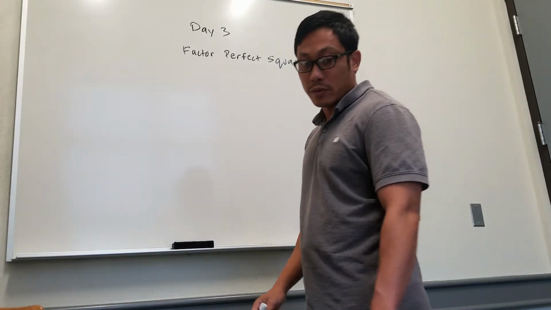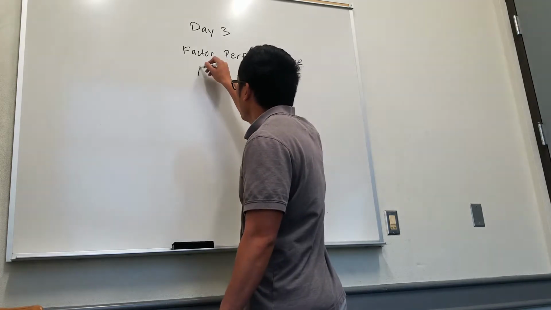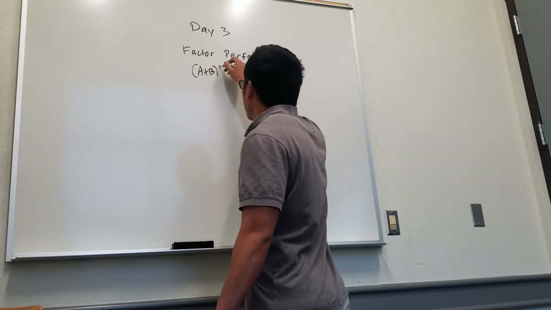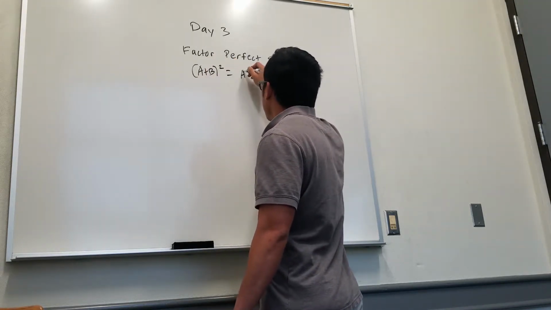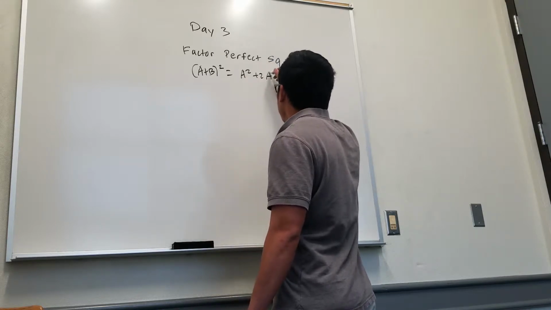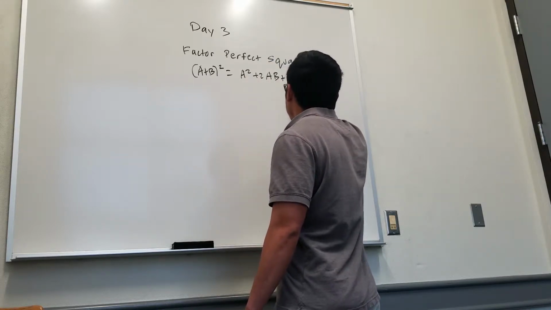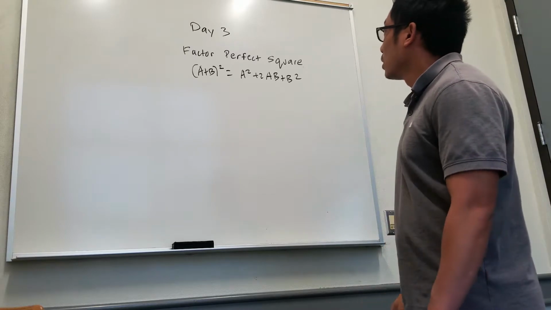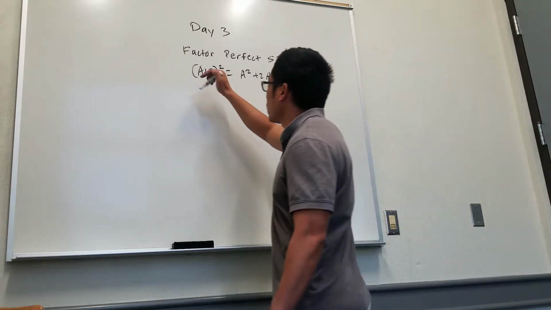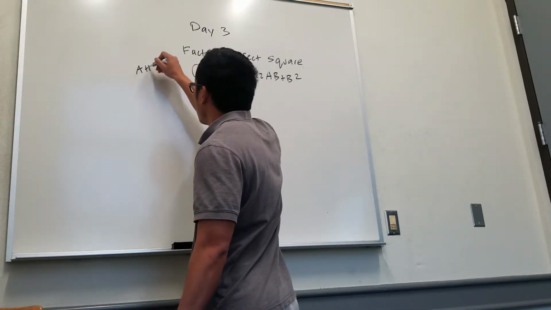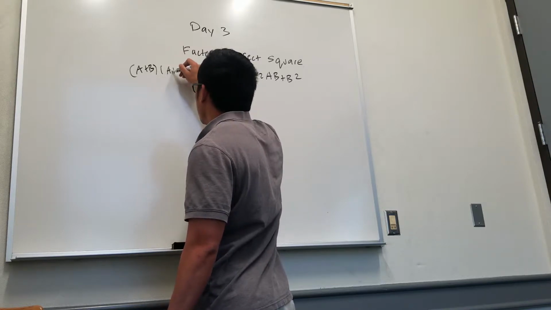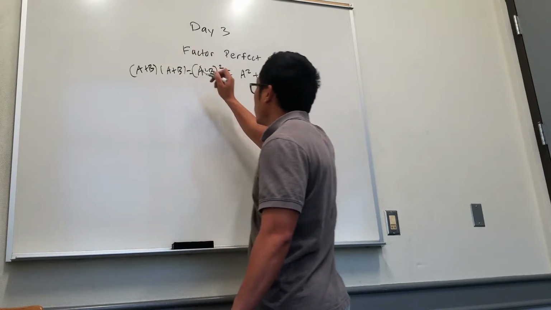So identifying a perfect square, we have this form: a plus b squared is equal to a squared plus 2ab plus b squared. Yes? And this is the same thing as a plus b times a plus b, right? They're all equal to each other.